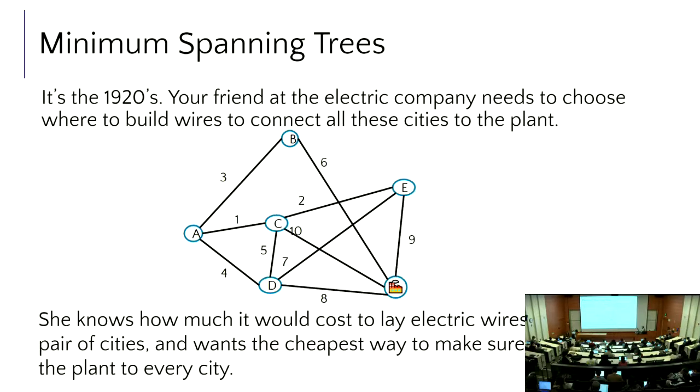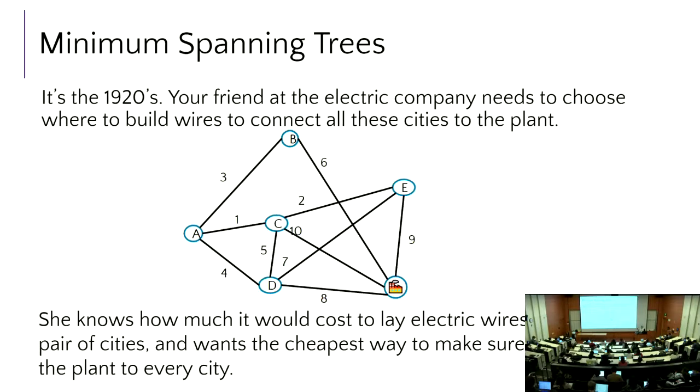So we're somewhere in the nebulous region between crank computers and electric computers. Your friend at the electric company needs to choose where to build wires to connect all the cities to a central electrical plant. And we want to pick the lowest cost set of lines to lay so that everybody is somehow connected to the electrical grid.